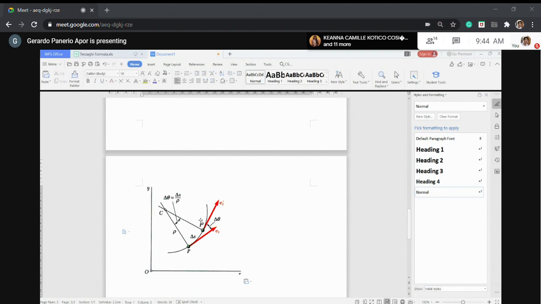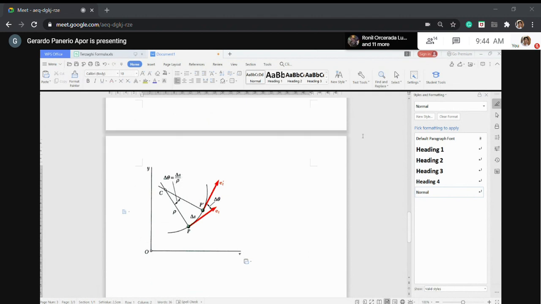Because the arc is radius times angle in radian, delta S equals rho times delta theta. So from that equation, we can formulate that delta theta equals delta S over rho.